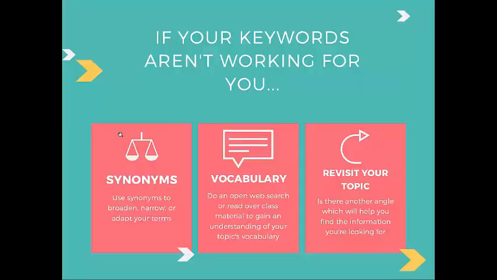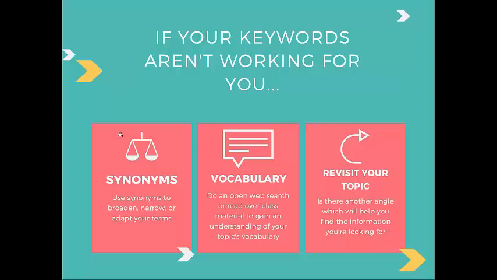Now, if you've created a list of keywords and they're not working for you, there's a couple of things that you can do. The first thing is look at synonyms to broaden or narrow or adapt your terms. For example, cat and feline both mean the same thing.